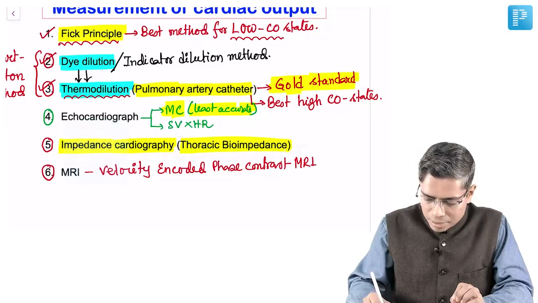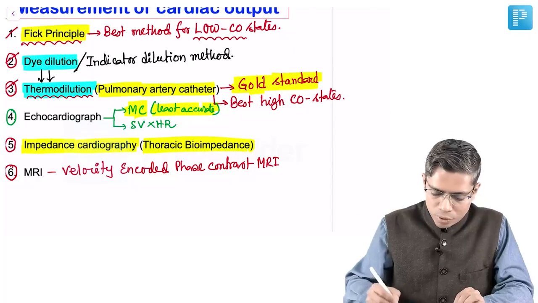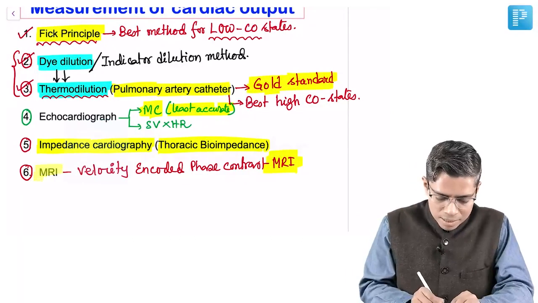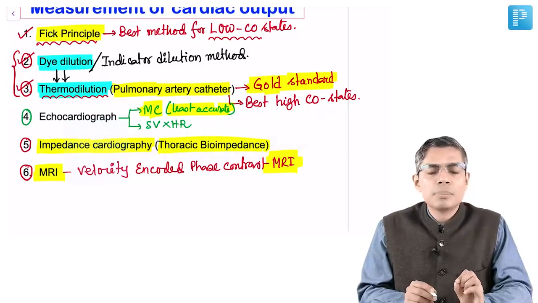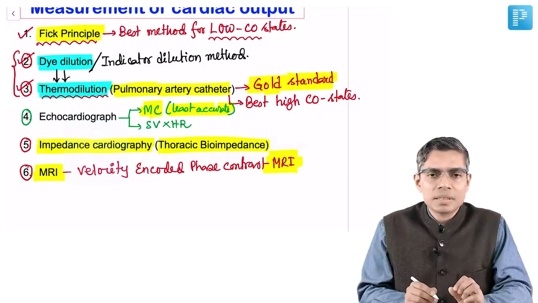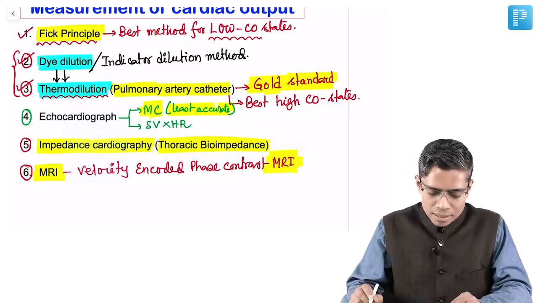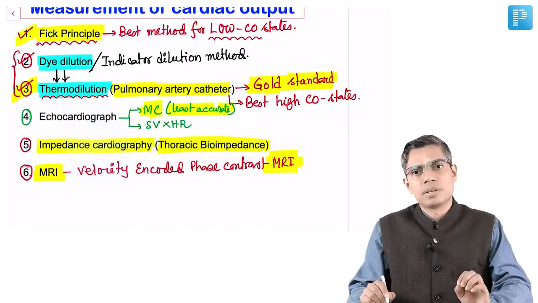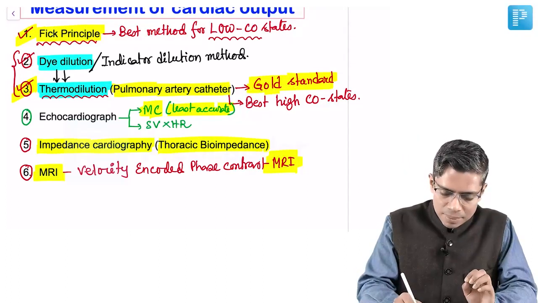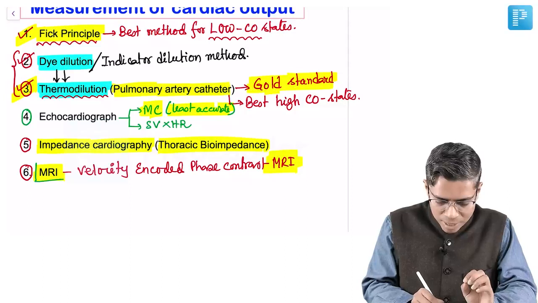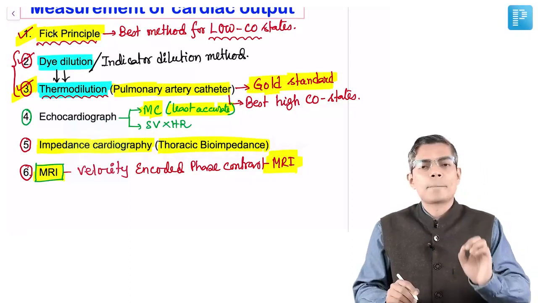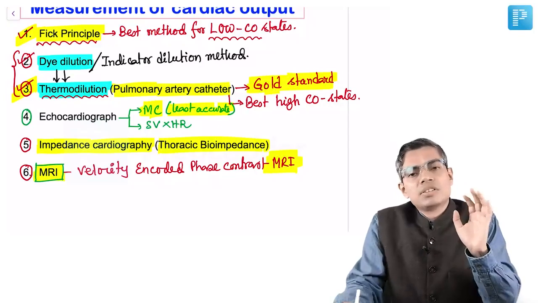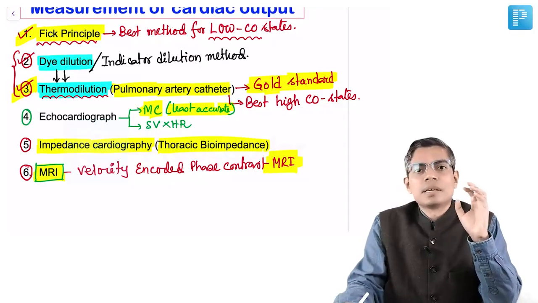This is the MRI which is used for measuring cardiac output, and remember, this is the most accurate method for cardiac output measurement, even more accurate than the thermodilution method, and also more accurate than Fick's principle. So what I am saying is that if in your options you are getting MRI, then that is the most accurate method. Okay, even if thermodilution is given in the choices, you have to mark MRI.